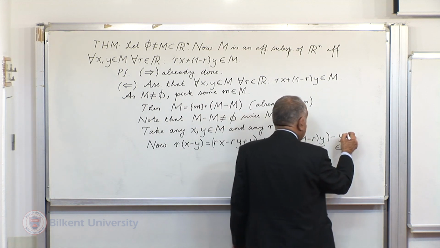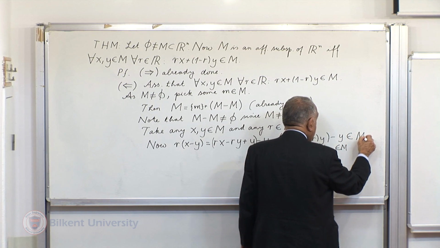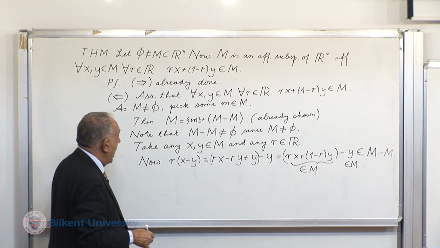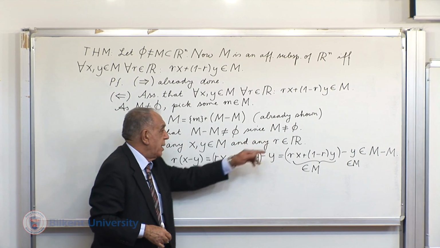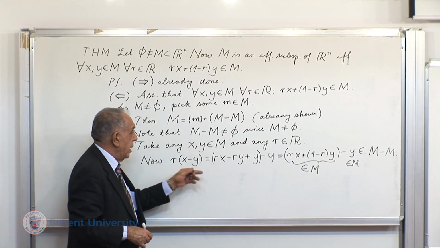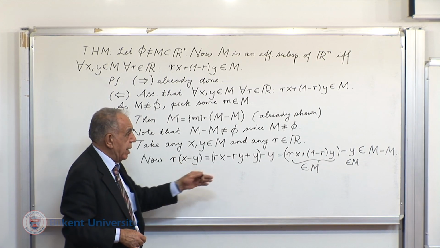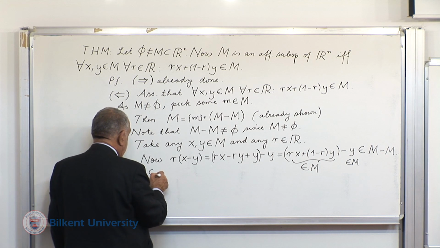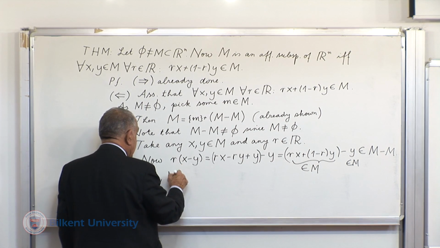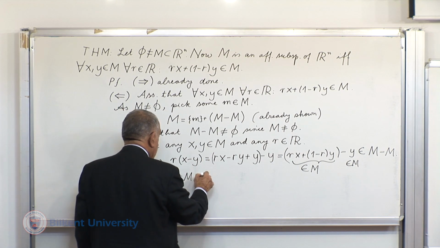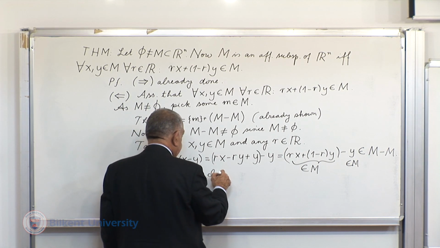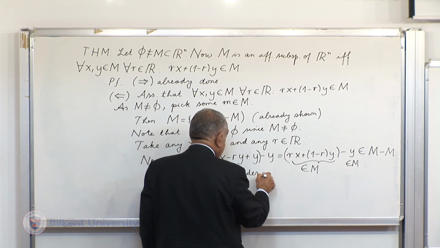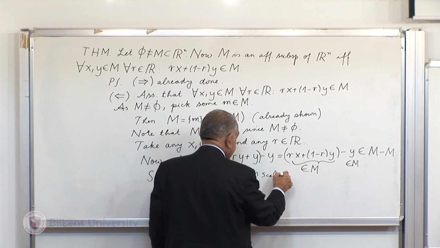So this vector is in M minus M. Hence, we have shown that for any r in R and for any x, y in M, r times (x minus y) is in M minus M. So we refer to this by saying that M minus M is closed under scalar multiplication.